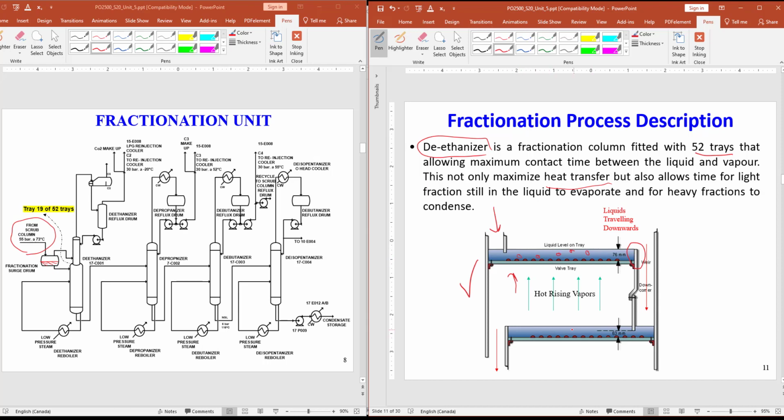This happens continuously through the whole height of the column, and separation happens continuously. At the top we have a light product, and at the bottom we have a heavy product.